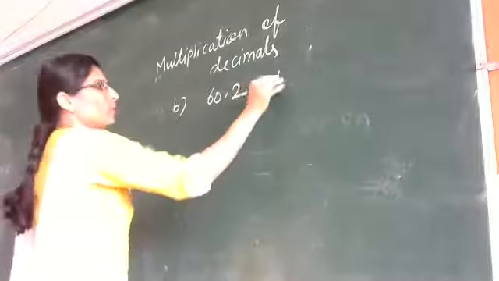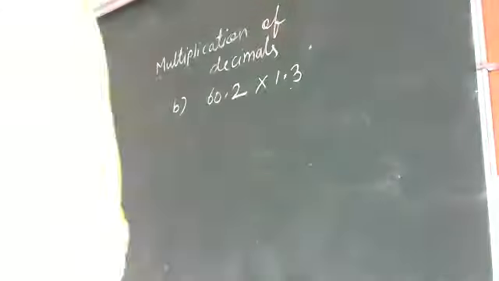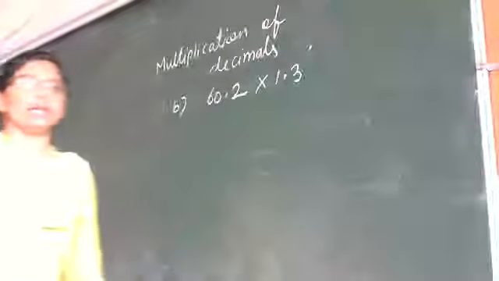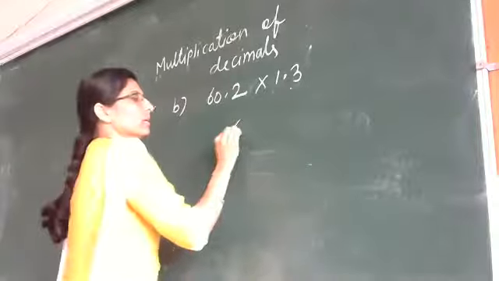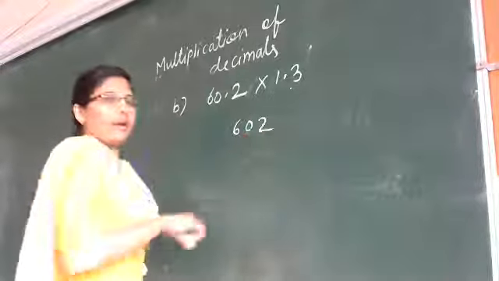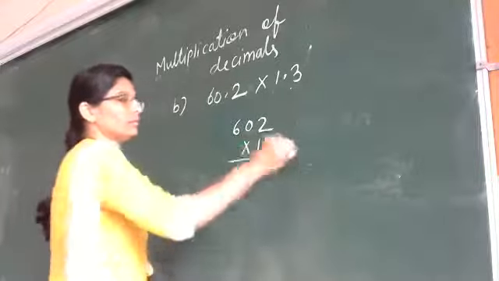60.2 multiplied with 1.3. So first take 602 and 13.